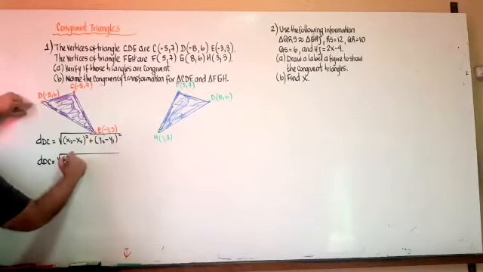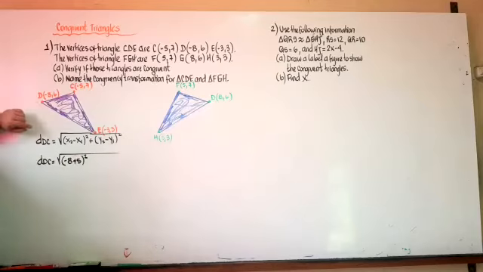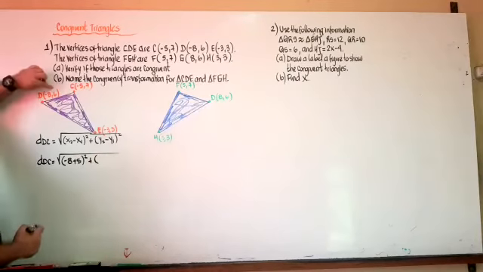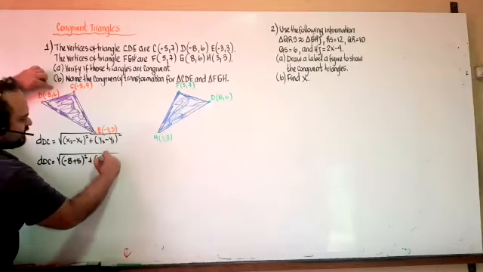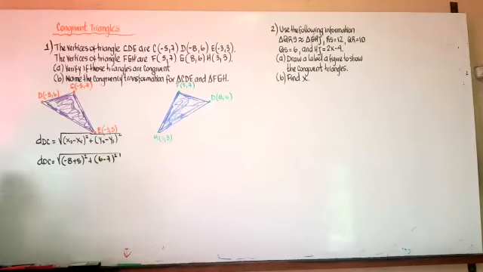X2 will be -8 minus negative 5; negative times negative is positive, so positive 5 second power, plus, in this case, 6 minus 7, 6 minus 7 second power.